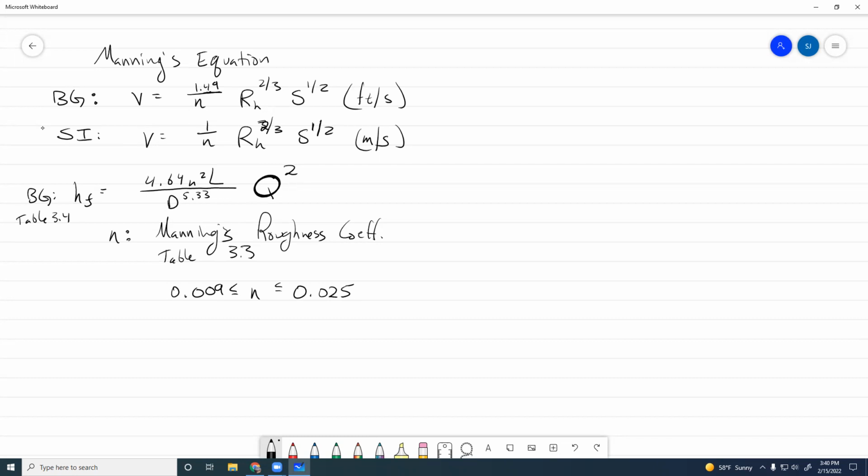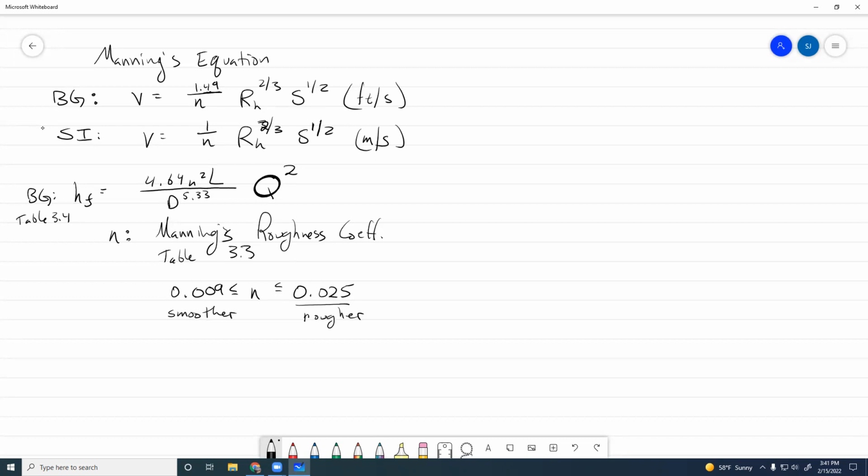So it's got different units. The Hazen Williams coefficients are in the hundreds. We'll note that the Manning's roughness coefficient is in the numerator of the head loss, and so a bigger value means it's rougher, and this is smoother.